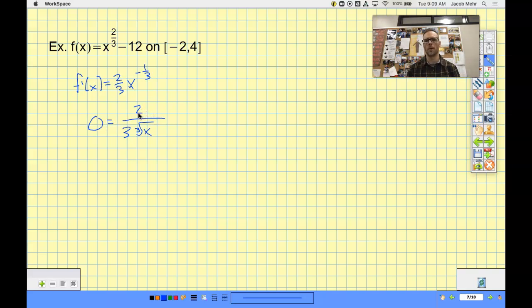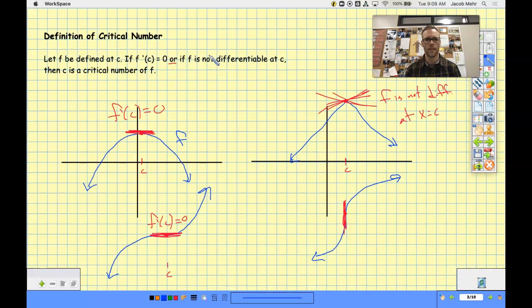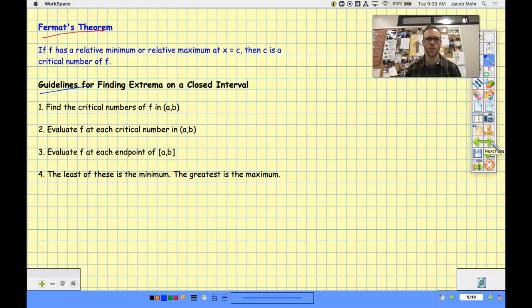This never has a spot where the derivative equals 0. So there is no f prime of c equaling 0. However, are there any critical numbers where the function is not differentiable? Remember, that if f is not differentiable, we also have a critical number.